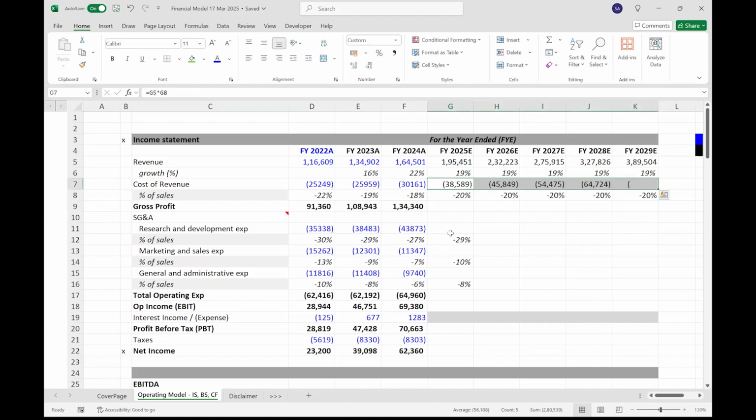And then you drag. So you see this, that every year you're expecting 20% of your sale is going towards the cost of revenue. I hope this makes sense to everyone. Percentage of sales into revenue, right, sir? Yes, percentage of sales into revenue.